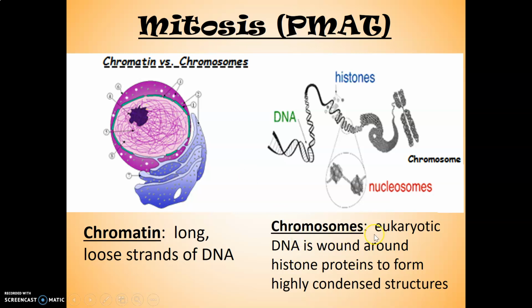And then you have chromosomes. So you take this chromatin and it starts to wind around your histone proteins, and it creates a chromosome. So in eukaryotes, DNA is wound around those proteins to form highly condensed structures that we call chromosomes.